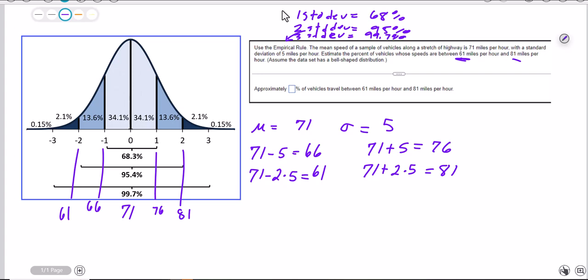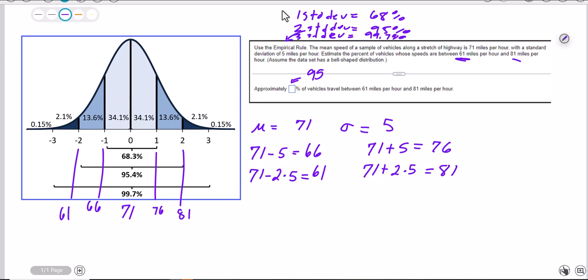Based off of this rule, and that's the key here, the speeds between 61 and 81 are within 95%, and they want it rounded, so it would be 95%.